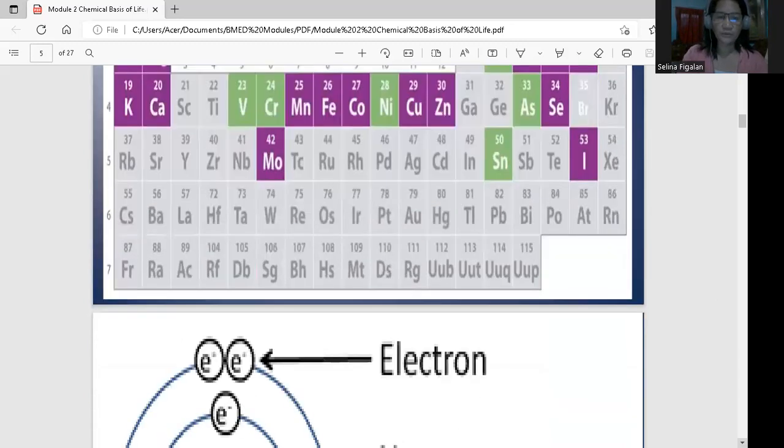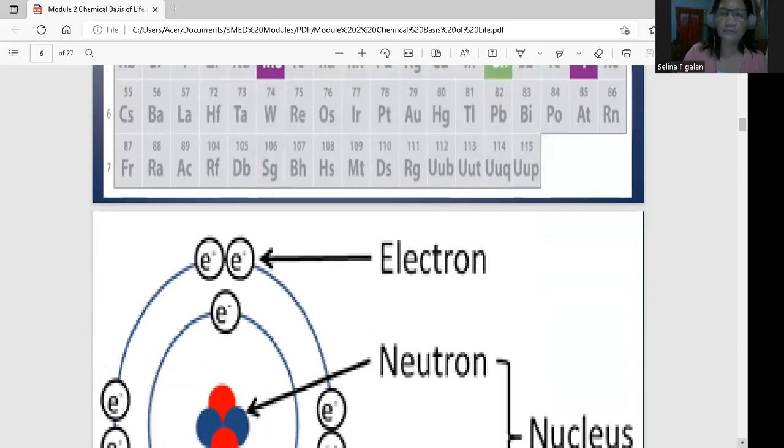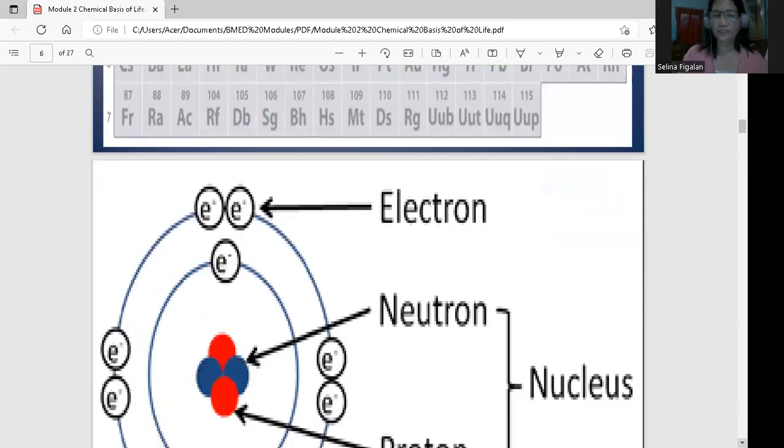Okay, so let us first know about the content of your element. Your element is made up of a nucleus. This nucleus is not about the cell that is made up of the Golgi apparatus, the organelles. But if you notice in your organization of life, the last part is the atom, next is the molecule.